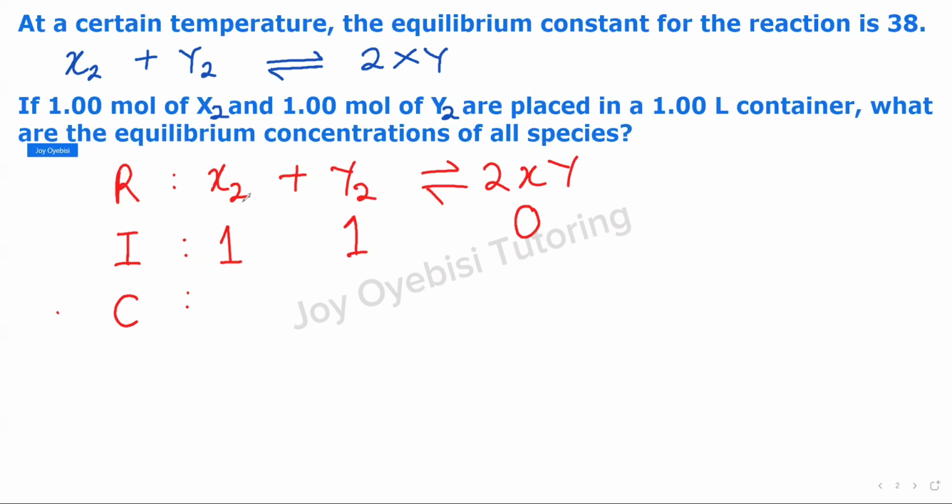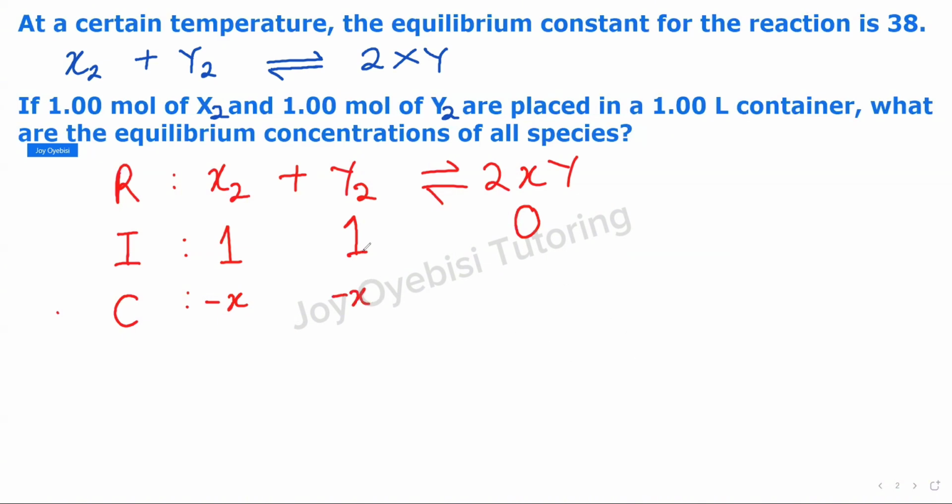So for this X2, since this is just 1 mole in the balanced equation, it's just going to be negative X, so just 1X. You don't have to put 1 in front of the X because when we see it, we know that is just 1. This is also going to be exactly the same because we have 1 mole of the Y2.